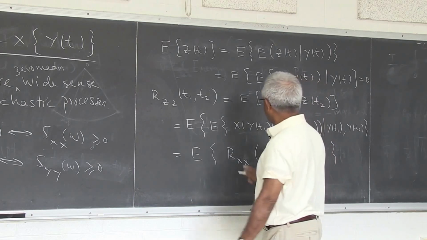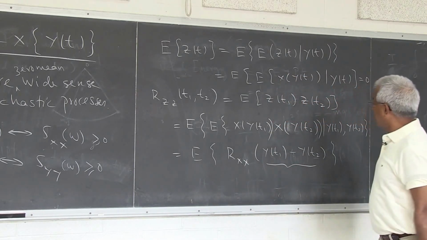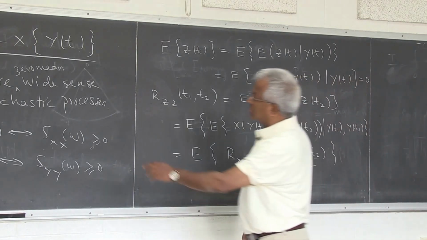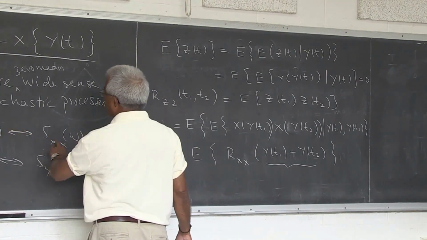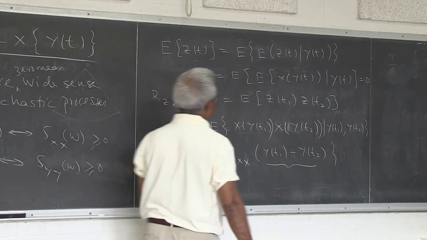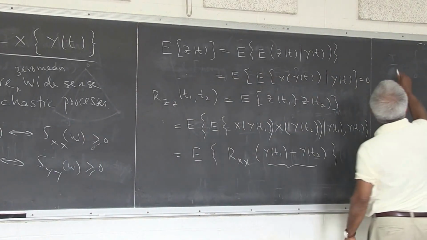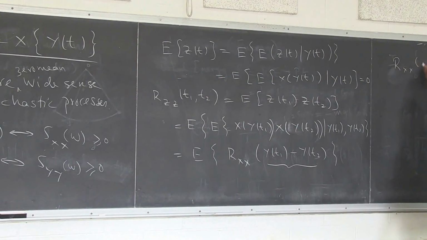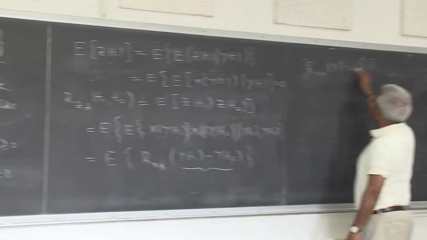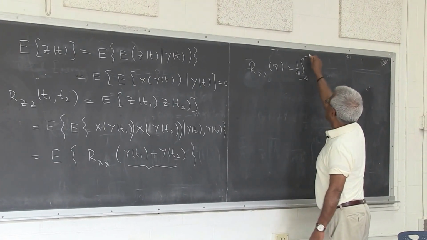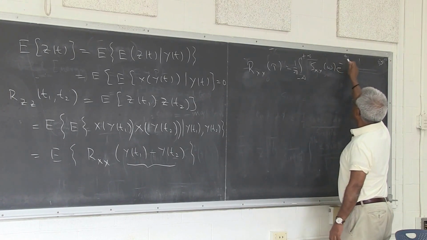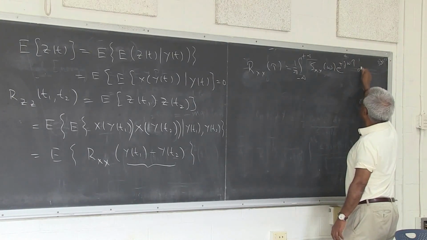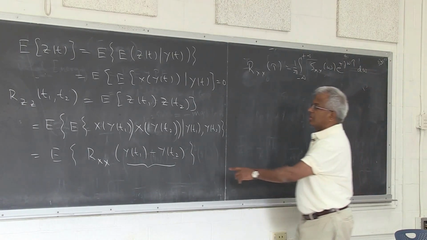But remember, on the other hand, rxx tau and its power spectrum are Fourier transforms, or in other words, rxx tau can be written as 1 over 2 pi, integral from minus infinity to plus infinity, sxx omega e raised to j omega tau d omega. So we can use that expression here.